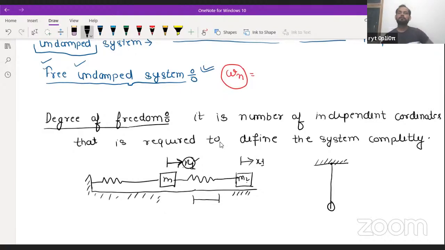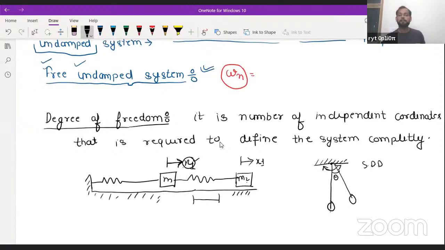As you have observed, in case of a pendulum, it performs a rotational motion, because it rotates about this point. So in that condition, this single theta coordinate is capable of defining the system completely. So in this condition also, this system has a single degree of freedom.